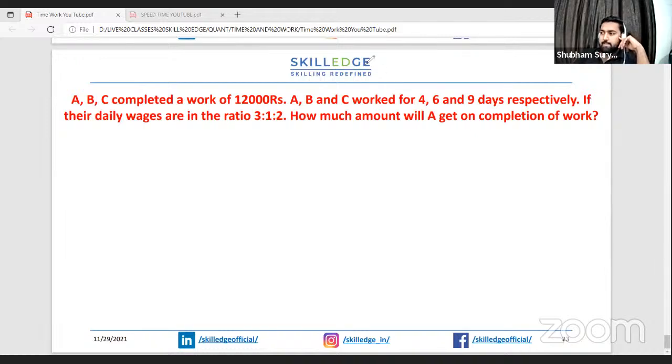Last 40 seconds, guys. Try करो. Pages के साथ relate करने की कोशिश करो.